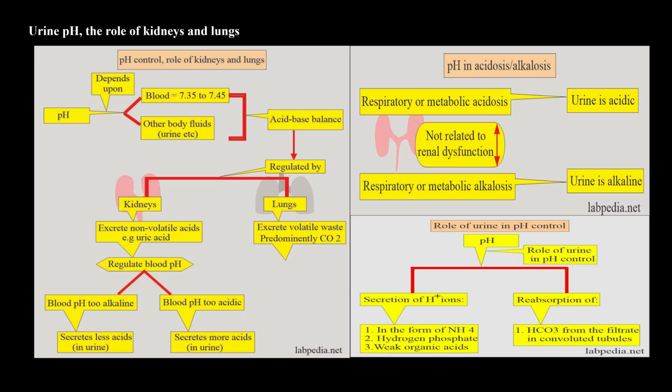In acidosis and alkalosis, in respiratory and metabolic acidosis, urine is acidic, not related to renal dysfunction. In respiratory and metabolic alkalosis, urine is alkaline. The role of urine pH is to control reabsorption of bicarbonate filtered in the convoluted tubules.